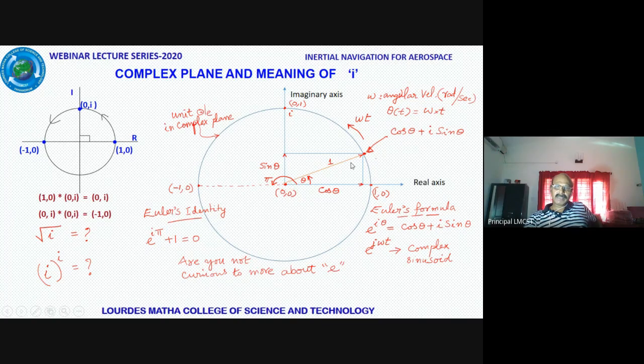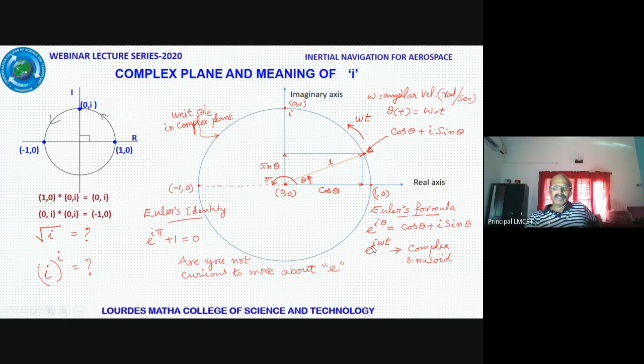That means this vector is going to rotate again and again with an angular velocity of omega radians per second. And that exactly is what e raised to j omega t represents.